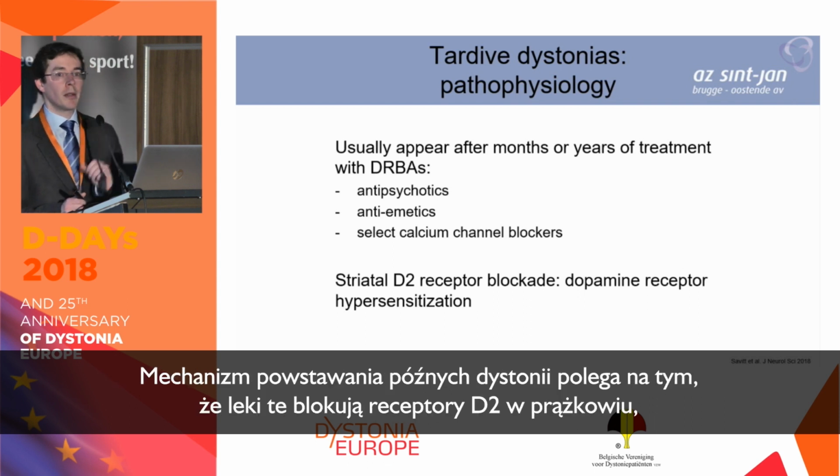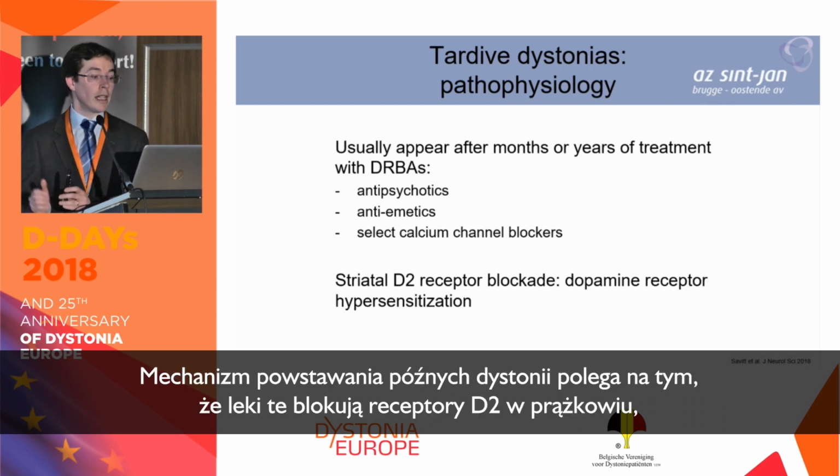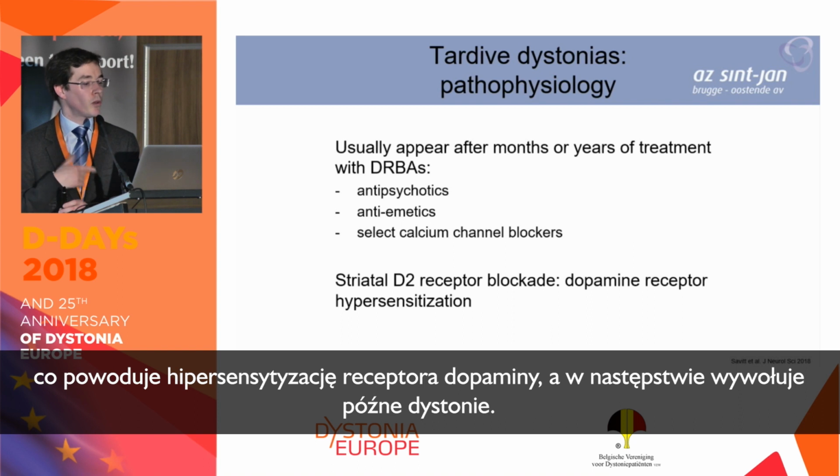And the mechanism behind these tardive dystonias is that these drugs block the striatal D2 receptors, and that gives rise to a dopamine receptor hypersensitization that then gives rise to these tardive dystonias.